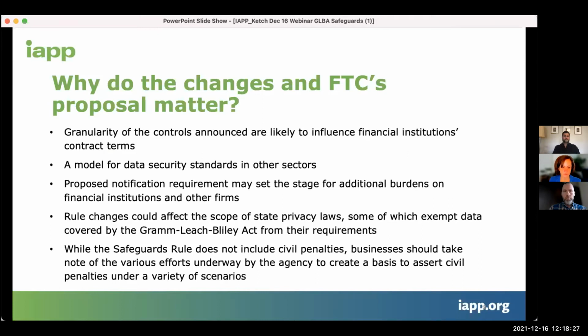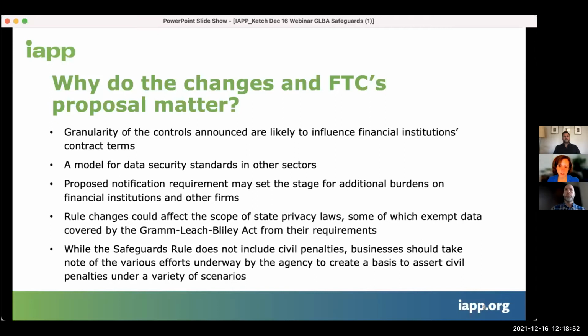On a practical level, too, the new safeguards rule may serve as a model for data security standards in other sectors. It was true 20 years ago when safeguards was the first regulatory data security standard. And we expect that it's going to continue to be true today. If we have time, and I expect that we will, we're going to talk about this in a bit.